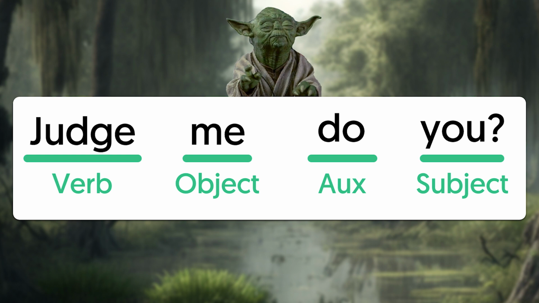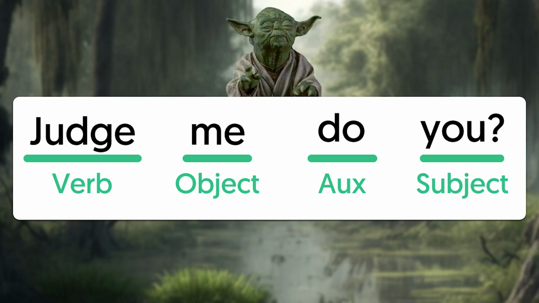Okay, now what Yoda's saying is, judge me by my size, do you? Or judge me, do you? And I suppose that would be a tag question, so there would be a comma between those two. Okay, so he's starting with the verb and then the object. So, verb, object.